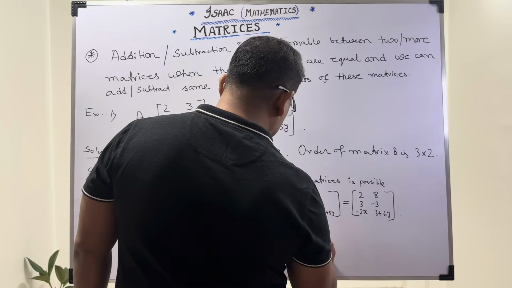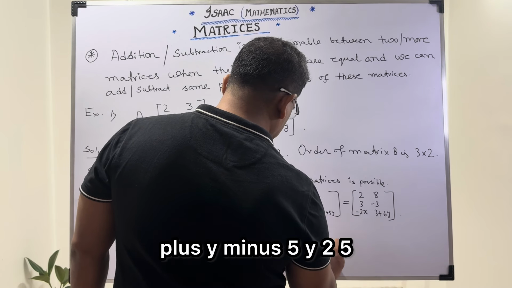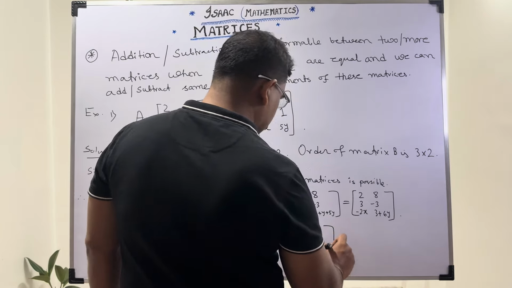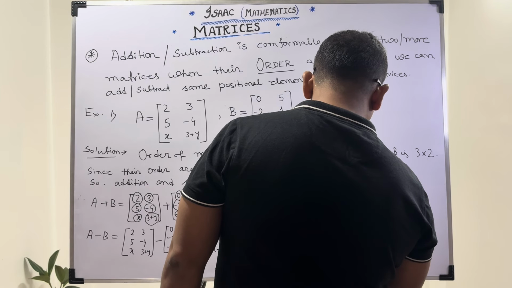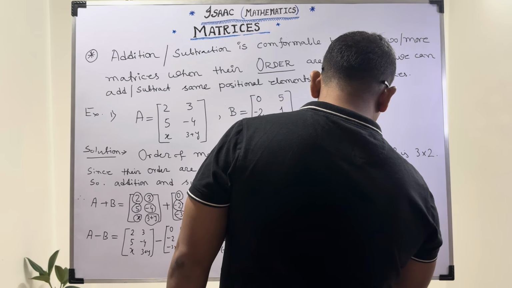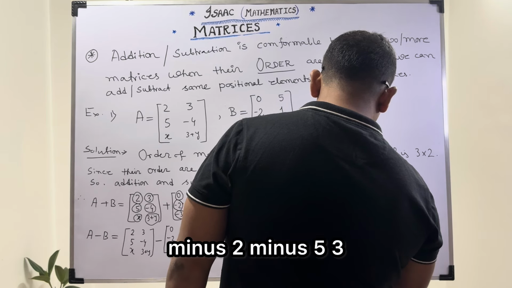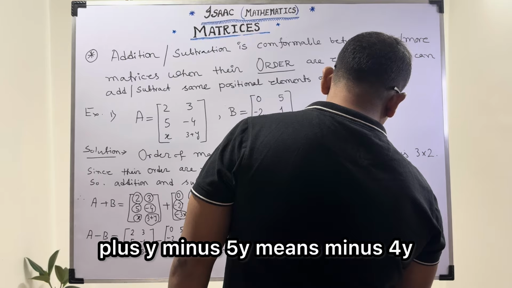Minus 4 minus 1, that is minus 5. 3 plus y minus 5y. So 2, 5 plus 2 means 7, x plus 3x means 4x, minus 2, minus 5, and 3 plus y minus 5y means 3 minus 4y.